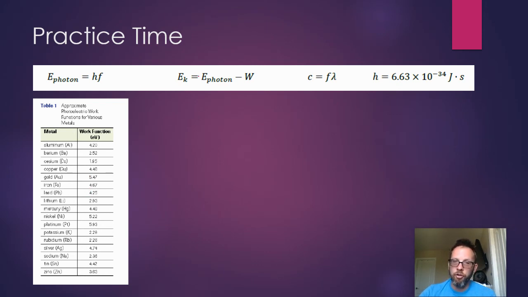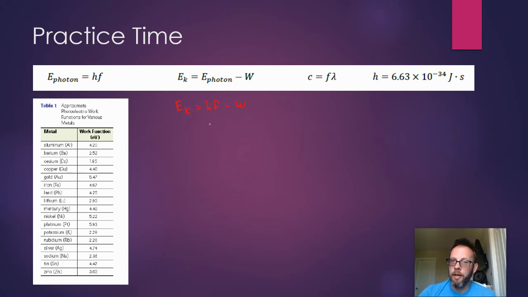And then here are our equations. These first two equations, when you just combine them together, give you the equation we had in the previous slide. I'll write this down too. So this is combining them. You get EK equals hf minus the work function.